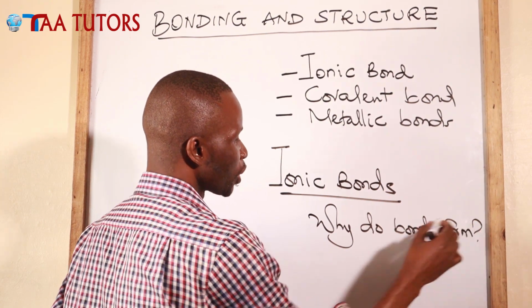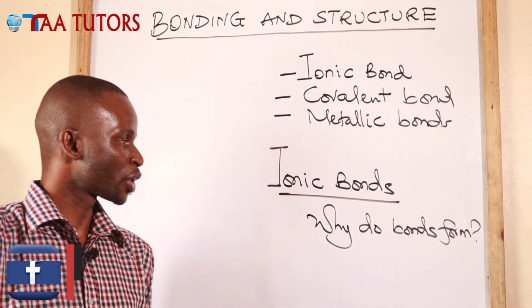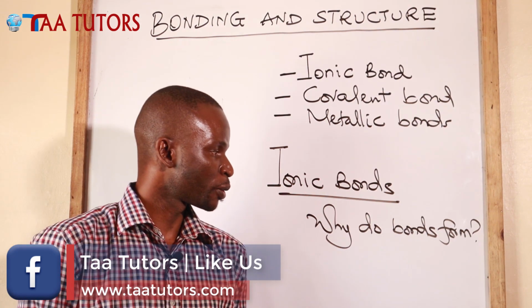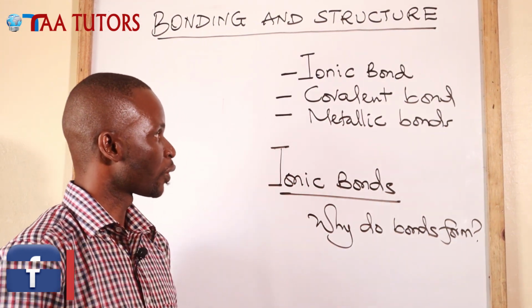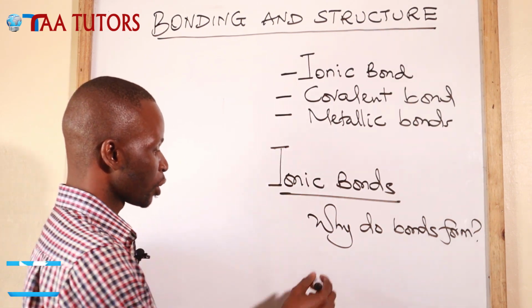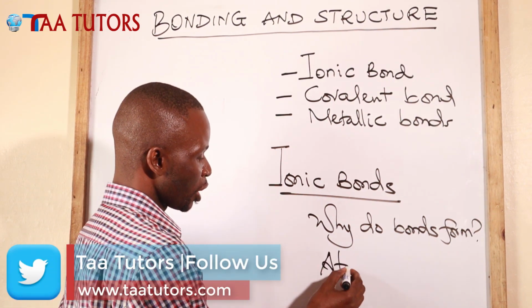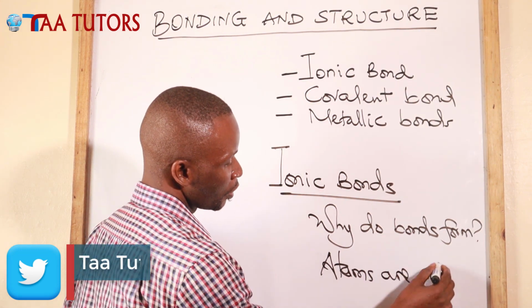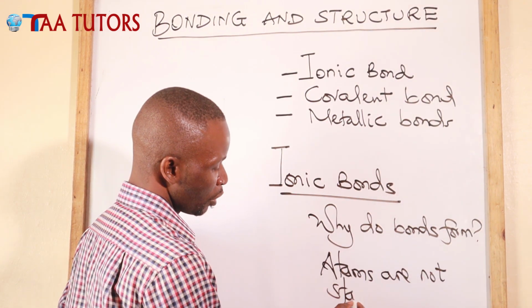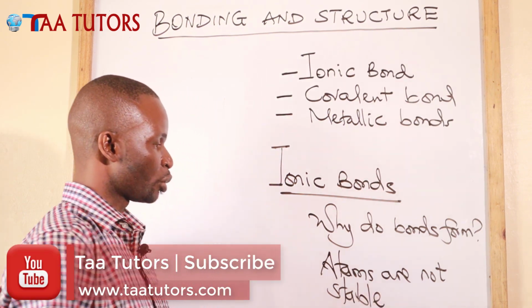If you understand why bonds form, then we are going to understand how this bonding takes place. Ionic bonds, or any other bond for that matter, form because the atoms are not stable. So when atoms are not stable, they have to try to be stable.